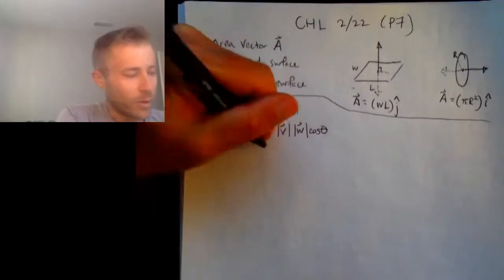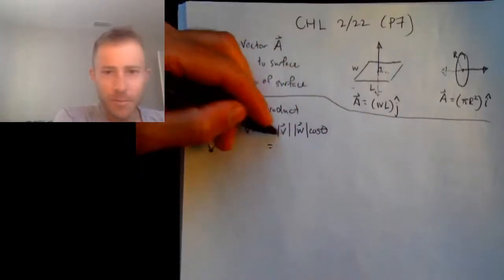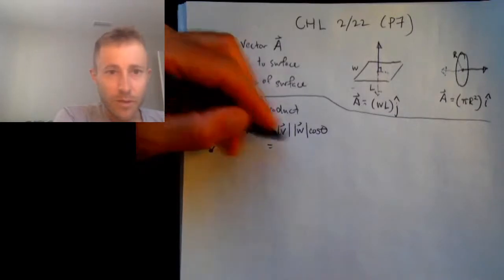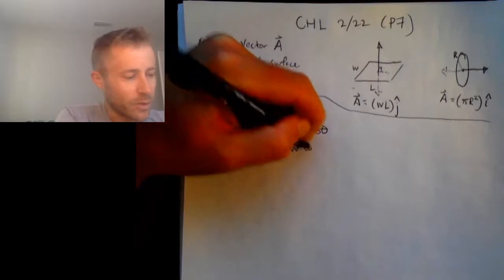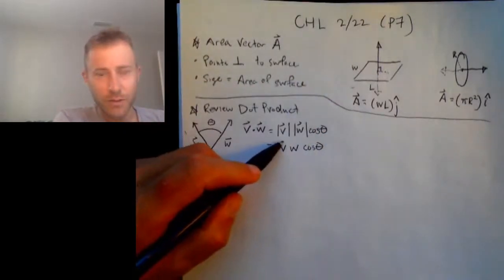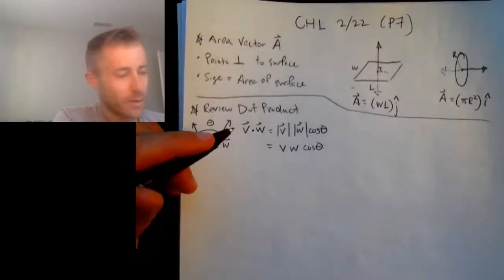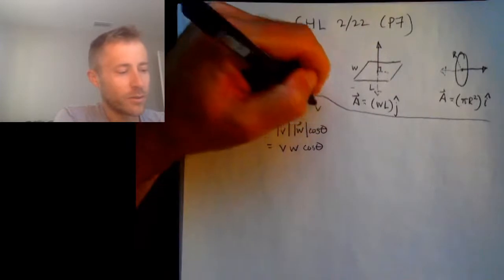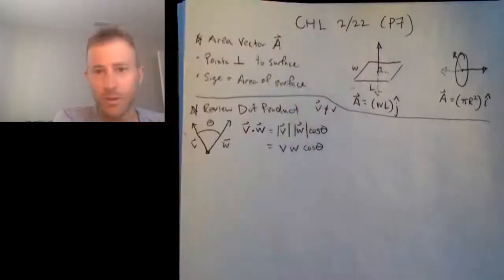Remember, one of the conventions is if you just write the name of the vector without the arrow, that's the same thing as the magnitude. So I could also write it as just V W cosine theta. Because those don't have the arrows over the top, that's shorthand for magnitude. V with an arrow over the top is not the same thing as V with no arrow over the top.